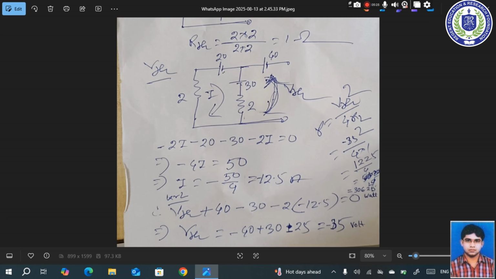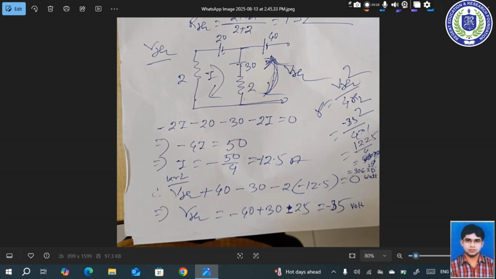The left hand side is the first loop, and according to KVL, it is clearly seen that the current is flowing in that particular direction.